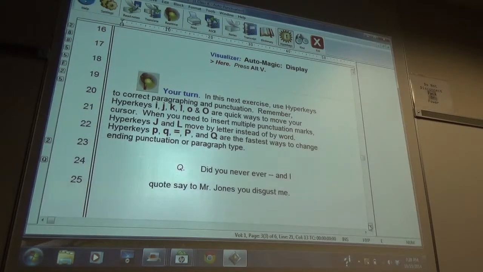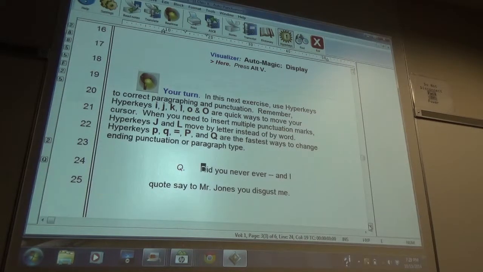And then it's just talking about the hyper keys J and L, which with shift moves over one character. Not one word, one character. So if you want to get in between a word, you do the shift L and it's moving over one character. Shift J comes back the other way. Okay?